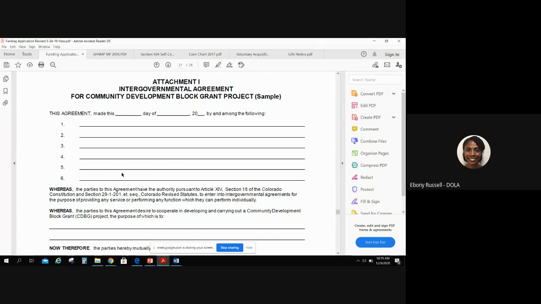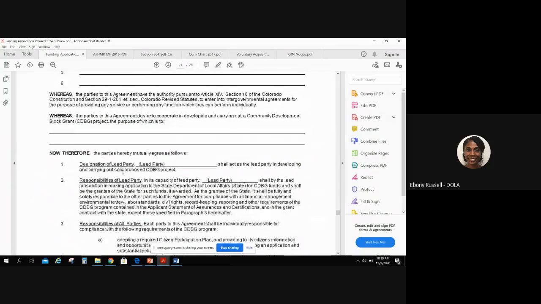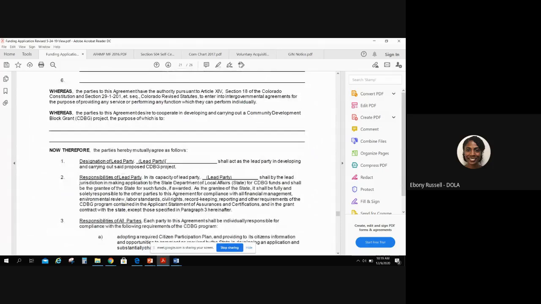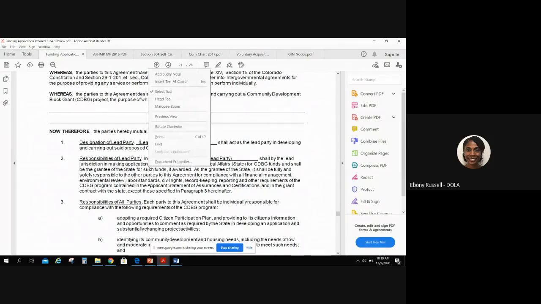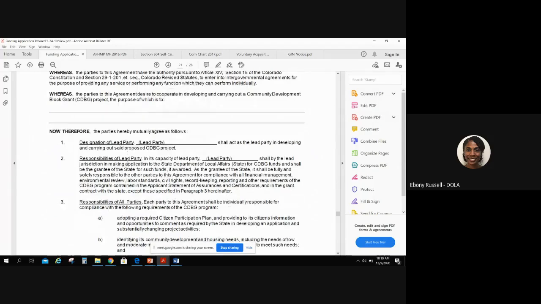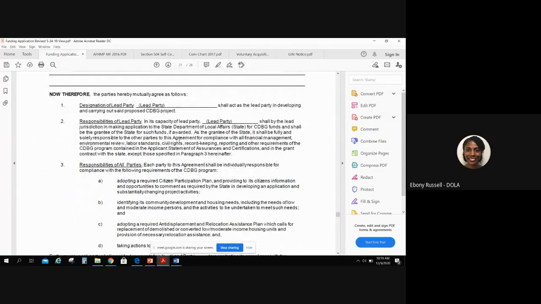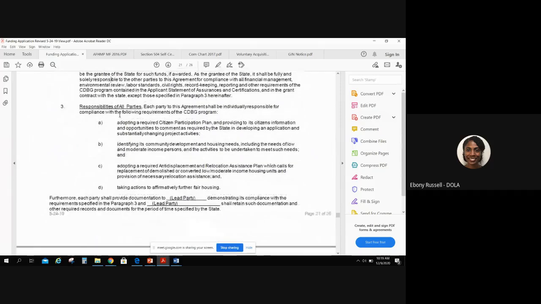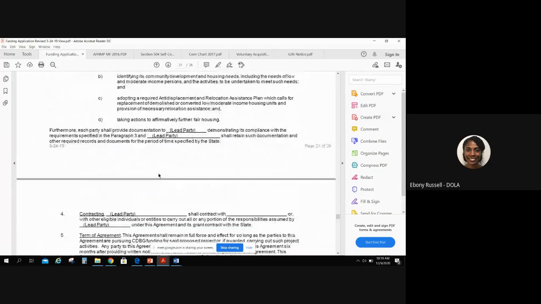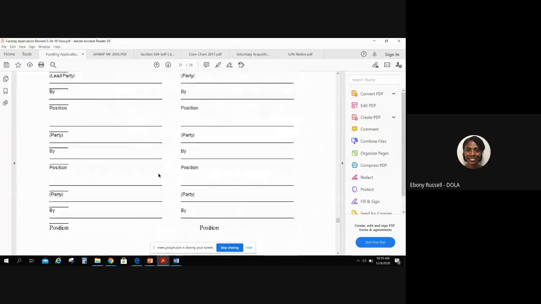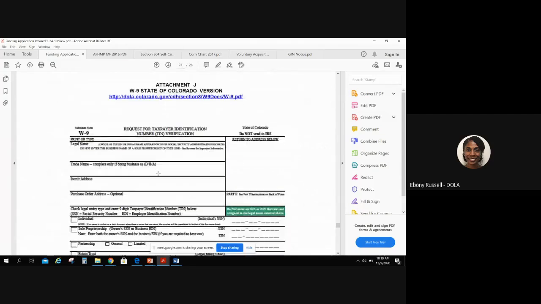And so this intergovernmental agreement says that the applicant or the lead party, so say the county is Prowers County and they have a DPA program, but they also will assist people in Otero County or other counties. This states that they will be the lead agencies and that they have these certain responsibilities, and what the responsibilities of all the counties are for this project or program. And then everybody signs saying that they agree to that.